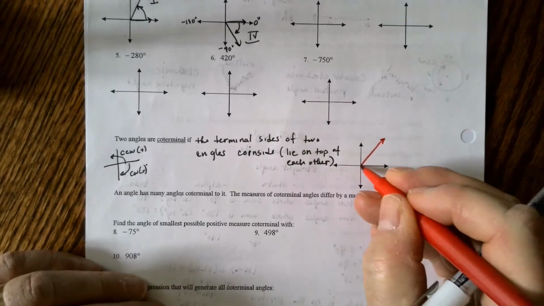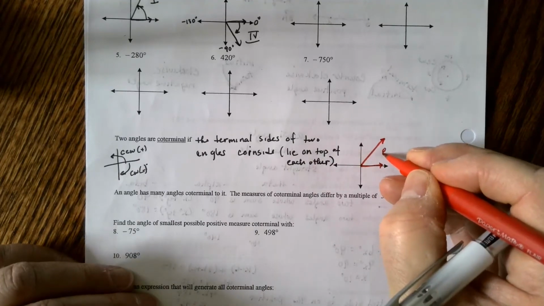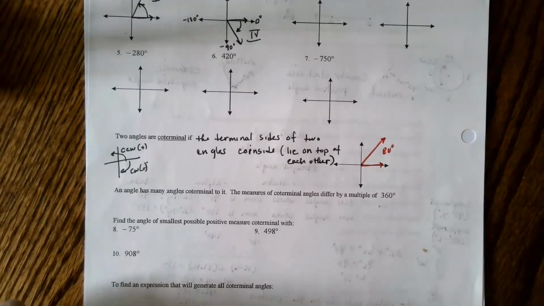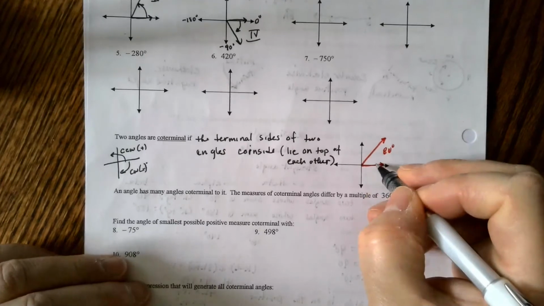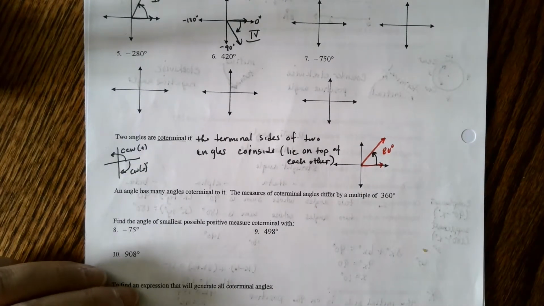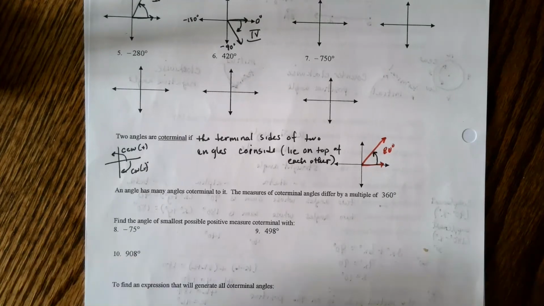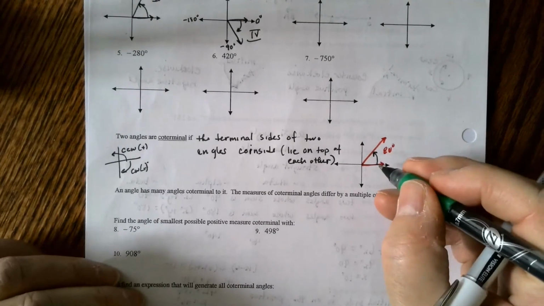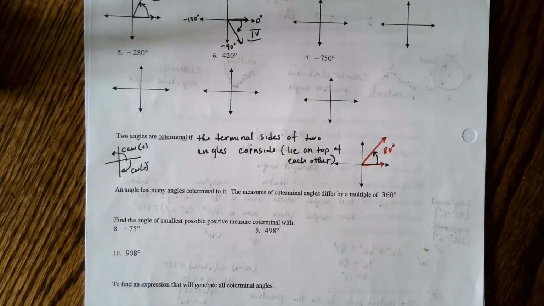So take, for example, let's say that we have a positive angle, which we're going to draw in red here, of 80 degrees. Okay? And it really doesn't matter what the angle is. Well, we could also have an angle that's negative 280 degrees.